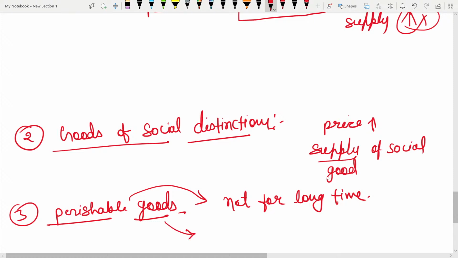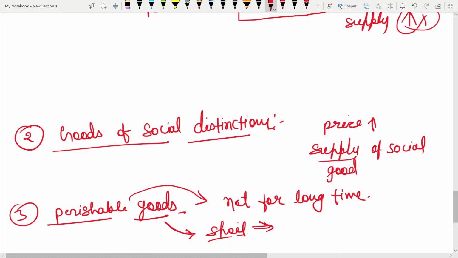At a given point of time, a seller may be willing to sell more of a perishable good because he fears that if he does not sell right now, or within 2 or 3 days, these goods can spoil.